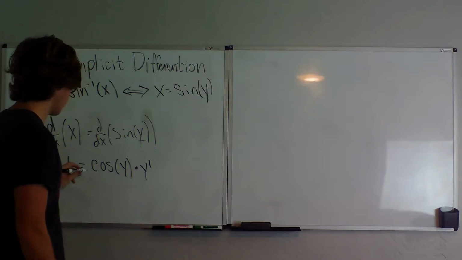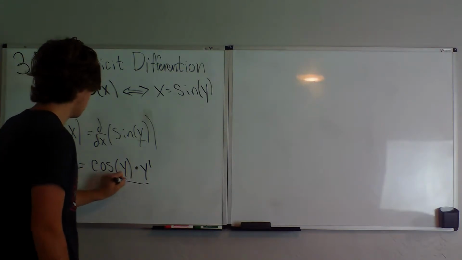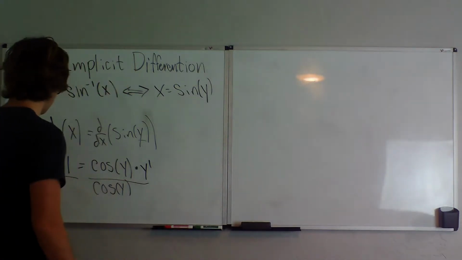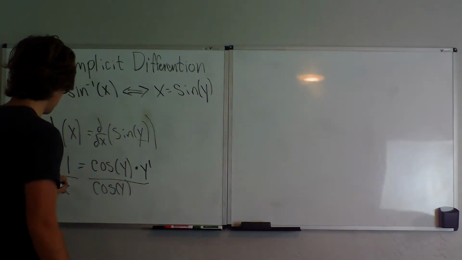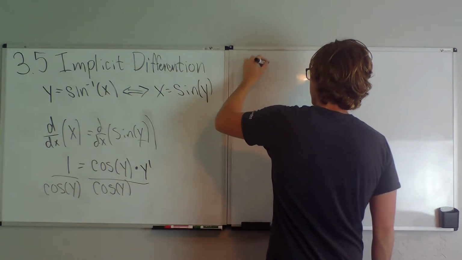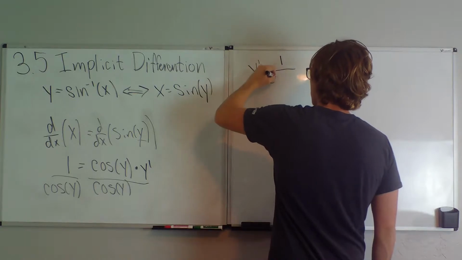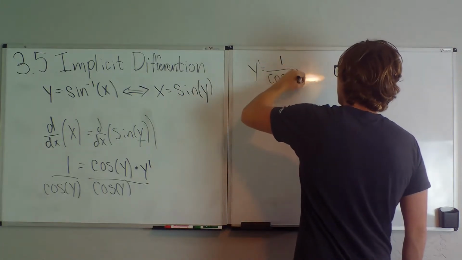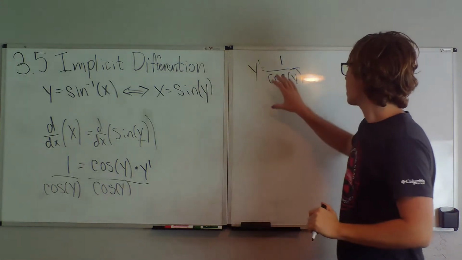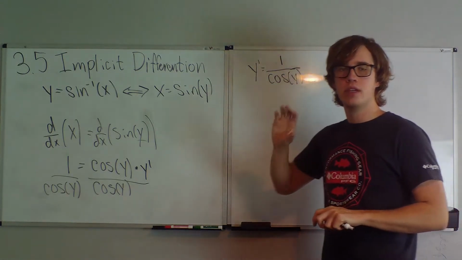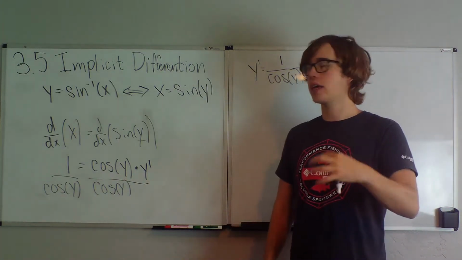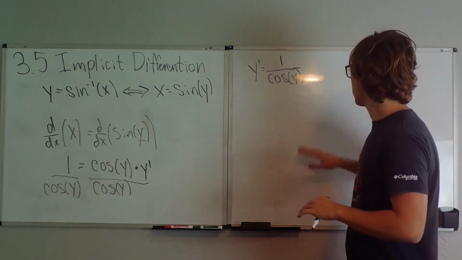And then now what we're going to do is we're going to divide each side by cosine y. So then we get this funky thing. We get y prime is equal to 1 over cosine y. But that doesn't help us because we want it in the form where it's like something x. Y prime equals something x. We don't want y on the other side of our equation.